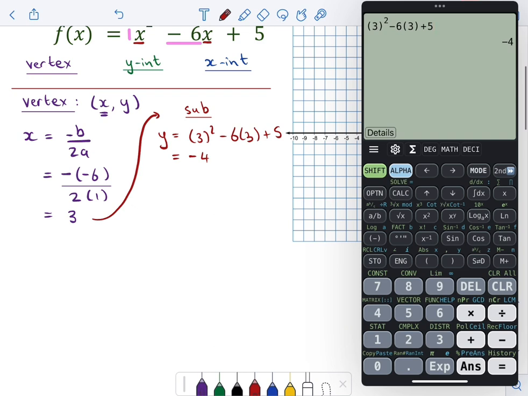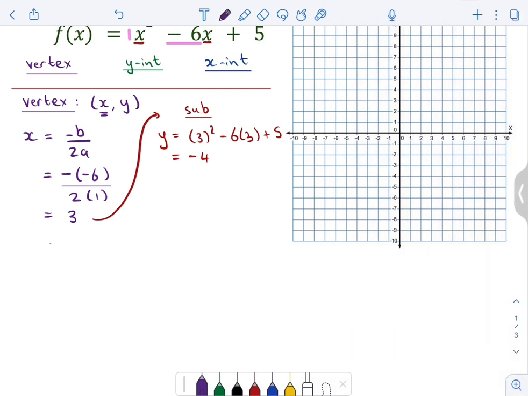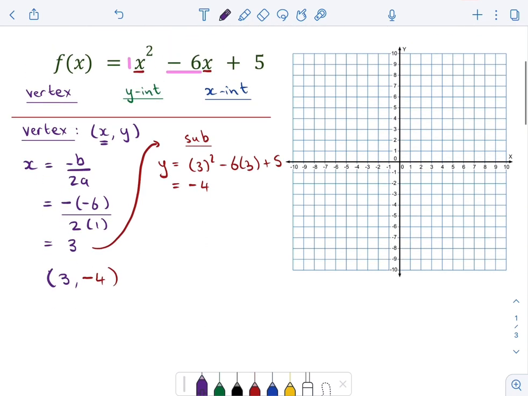So my vertex is the x value of 3 and the y value of negative 4. I can put that on the graph now. So my x value of 3 is over here, and my y value of negative 4 is down here. And therefore, my point will be there.